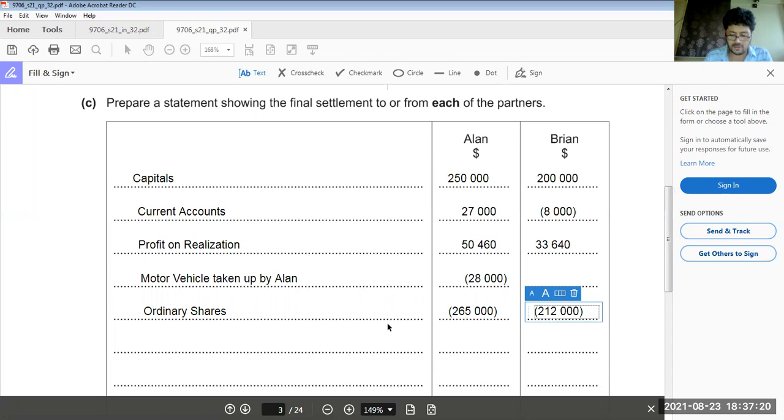Capital was 2,50,000 plus 27,000 of current account plus 50,460 for profit on realization. After which he has taken a motor vehicle of 28,000 and shares of 265,000. 34,460 is going to be paid from the business bank account.